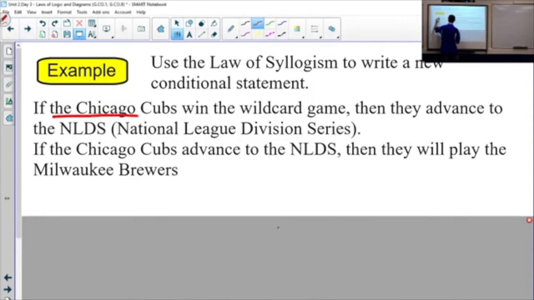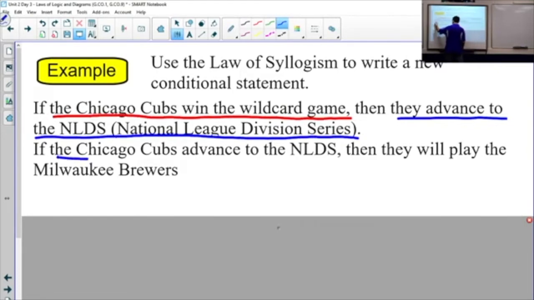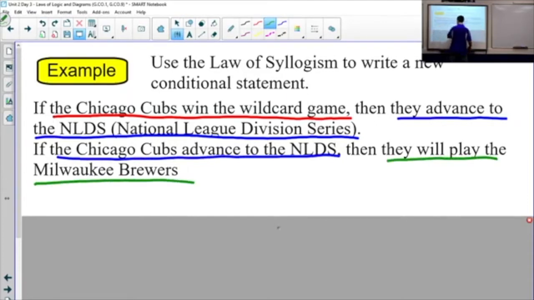If the Cubs win the wild card, then they advance to the division series. If they advance to the division series, then that means that they will play the Milwaukee Brewers.